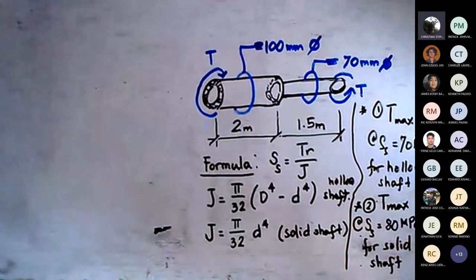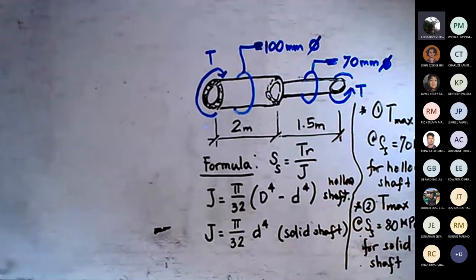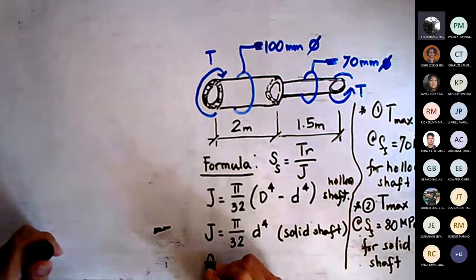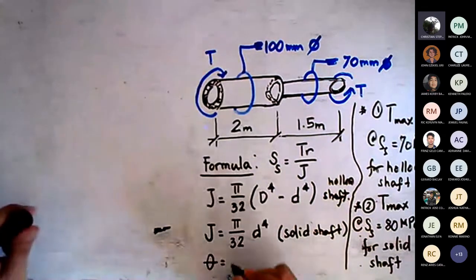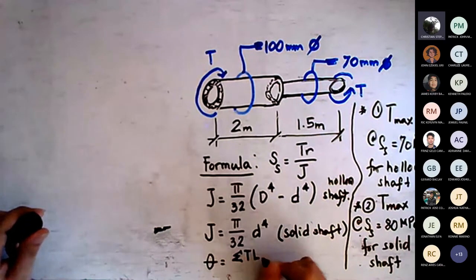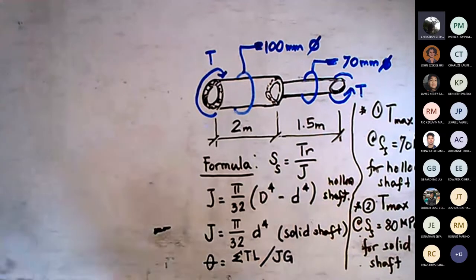Okay, so ito yung mga formula na gagamitin natin. Ang last na formula na pwede natin gamitin is the angle of twist. So, ang formula ng angle of twist is summation of TL over JG.